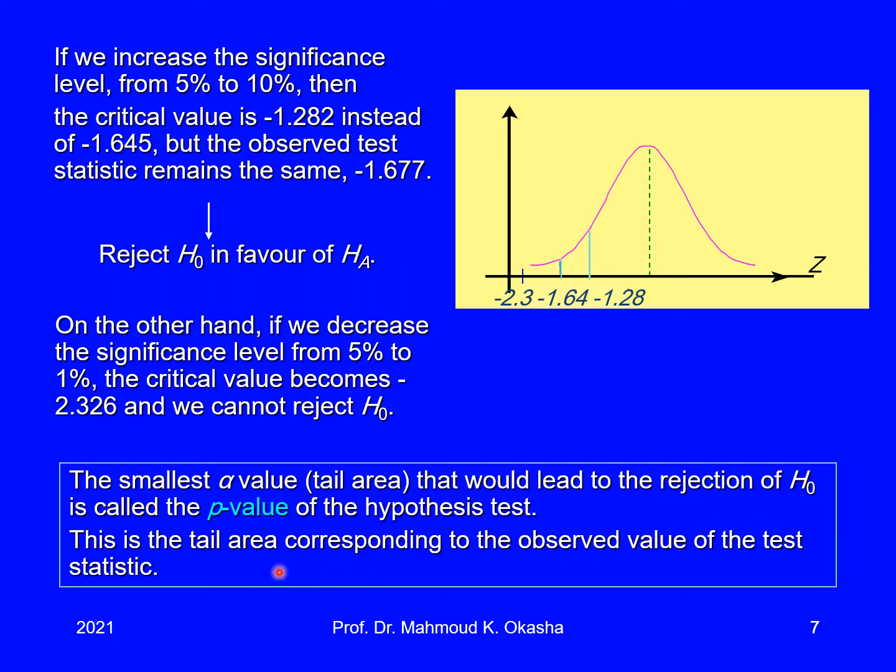This is the tail area corresponding to the observed value of the test statistic from this point to the left. If the observed value is on this side, it will be from the observed value to the right. The exact value, which we can now calculate using an Excel sheet or a statistical table or whatever. We can easily compute this value now.